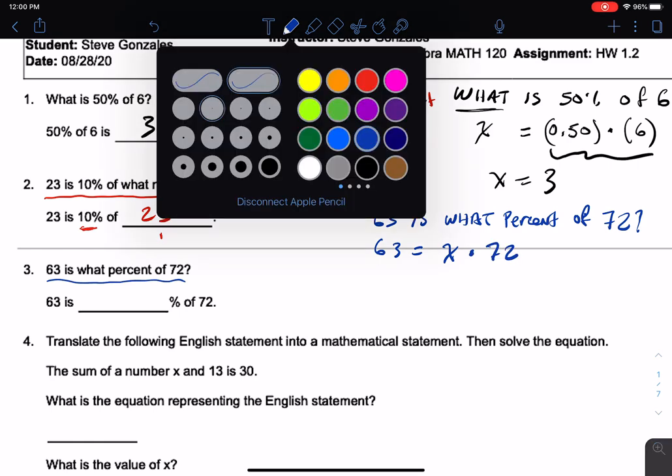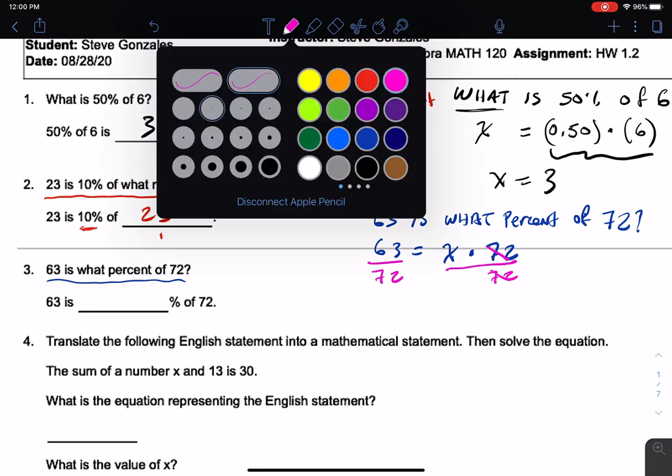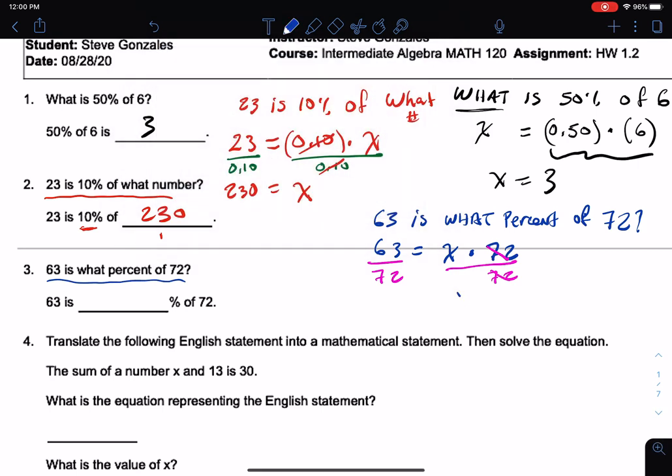And so once again, because we have a mathematical equation, we can just solve for x. Isolate x by dividing by 72 on both sides. 72 divided by 72 is going to result in an x on the right, and 63 divided by 72 is going to give us 0.875.